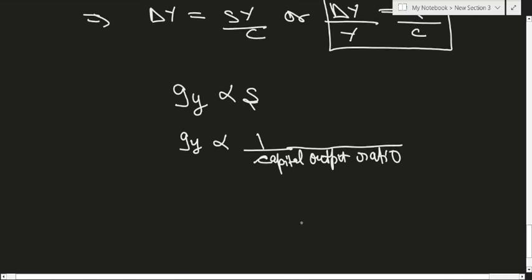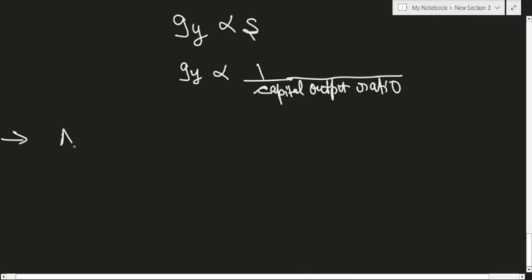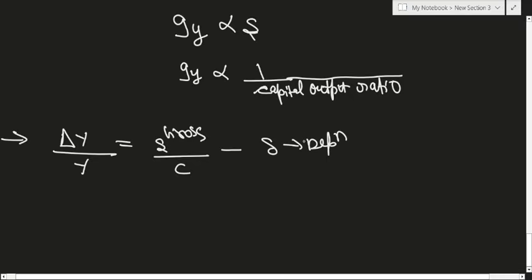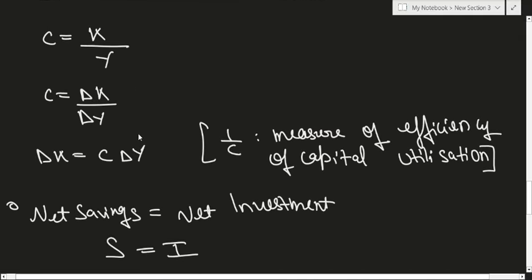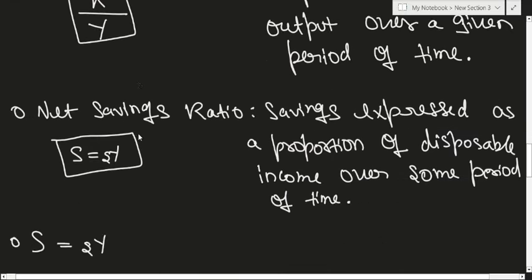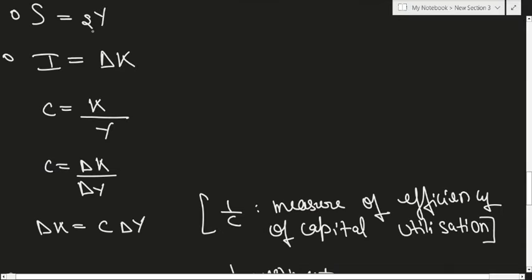Also, we have another expression for this. Delta Y upon Y equals the gross savings rate upon capital output ratio minus delta, where delta is depreciation. Now let's try to understand this. We have S equals savings rate into output Y, and investment is the change in capital stock.